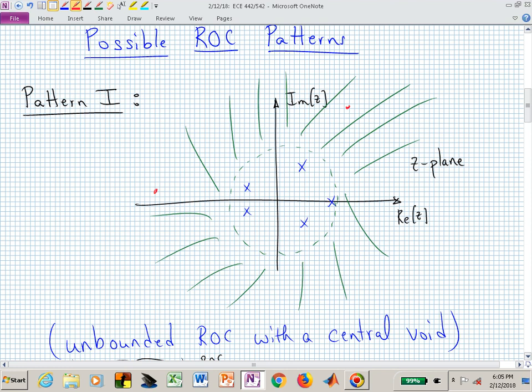You could have a capital X of z that corresponded to a signal, or a capital X of z that corresponded to a system's transfer function, so to speak. But it's probably easier to think about signals having this infinite expanse in both negative time and positive time, and not so much a system.